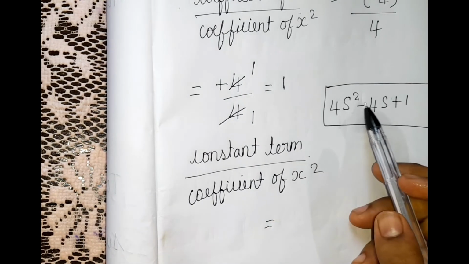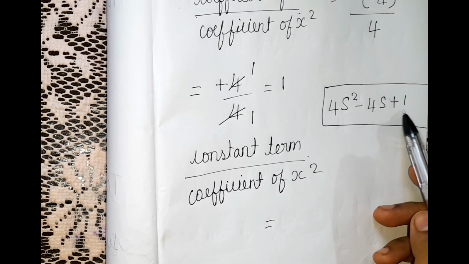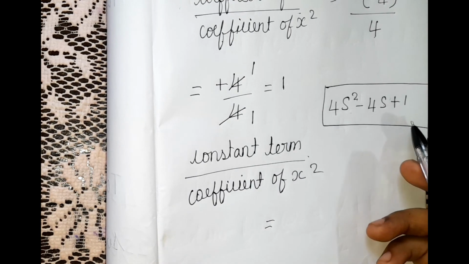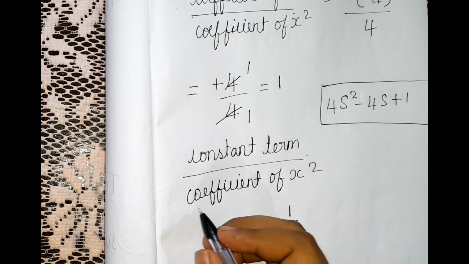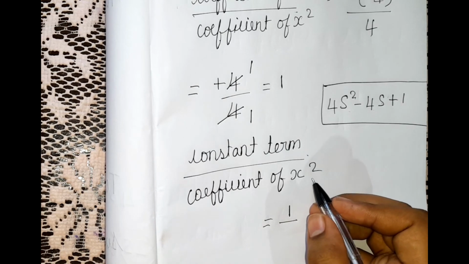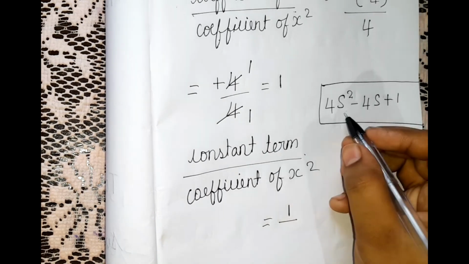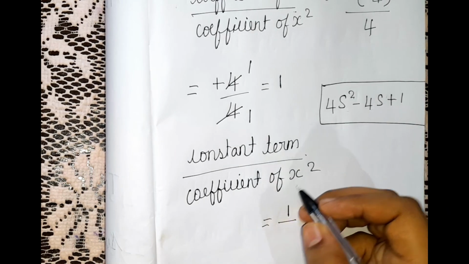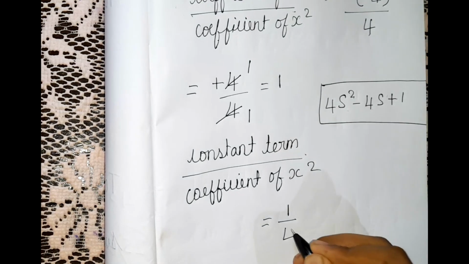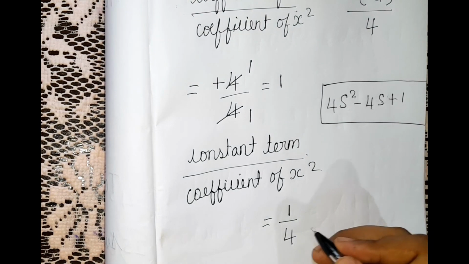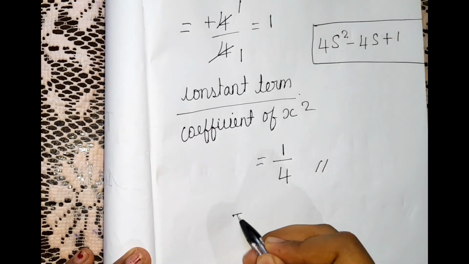In this question you guys can see we have a variable right over here. Here also we have a variable, but here we don't have a variable. So we shall take one as a constant term divided by coefficient of x square. So instead of x square we take it as s square. Why? Because in the question it is s square. So what is the coefficient of s square? The coefficient of s square is 4. So the answer is 1 divided by 4. So now let's write thus verified.